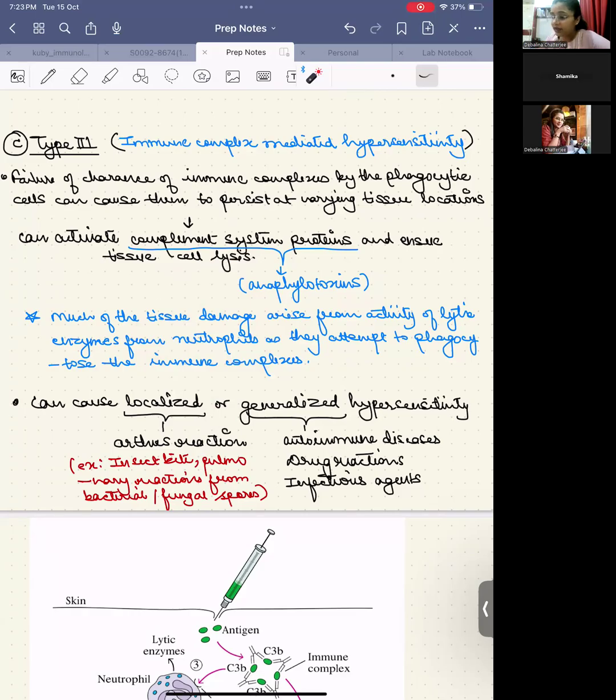Now, if there is persistence of your antigen antibody complex, what happens? If there is this antibody, we have its Fc region, and this Fc region is responsible for mediating most of the biological functions. So this Fc region can bind to the Fc receptors on our phagocytic cells.